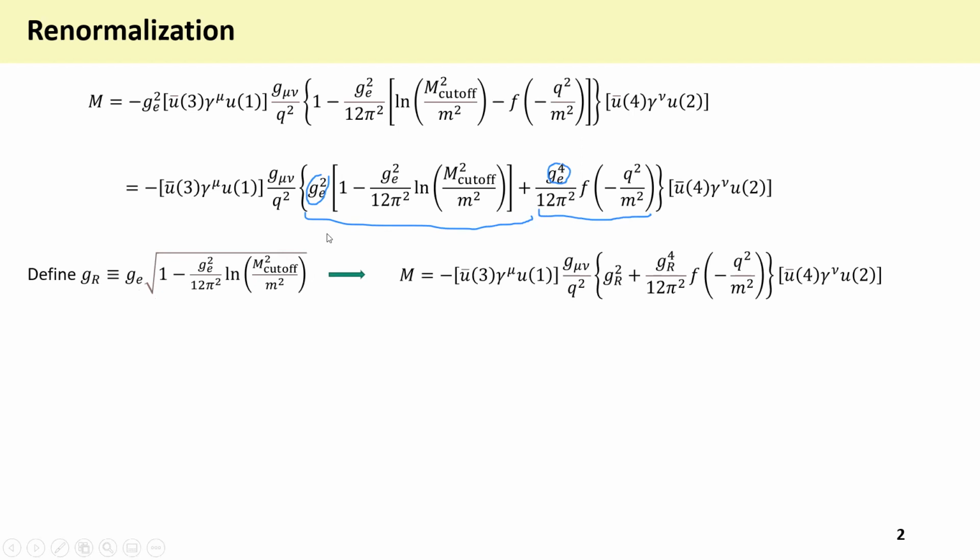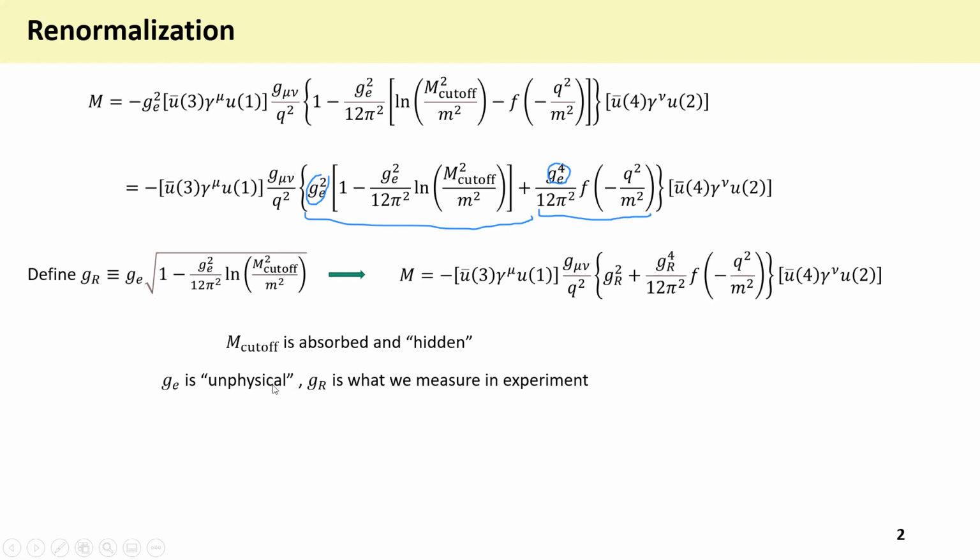Then the whole amplitude can be rewritten in terms of this g_R. You can see that in this new amplitude, the cutoff M is absorbed into this renormalized coupling constant, so you do not see the cutoff M here.